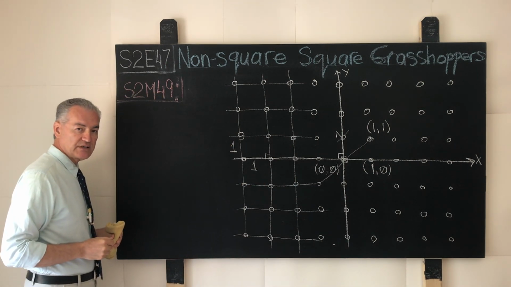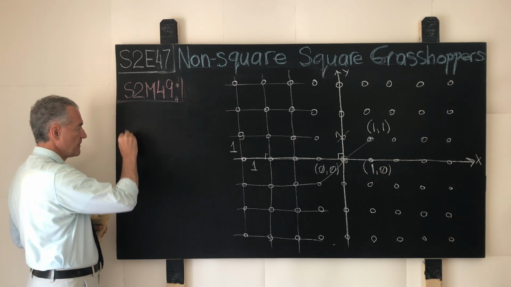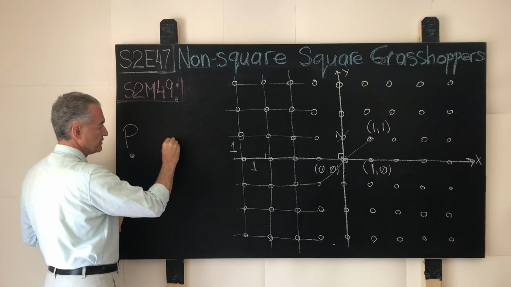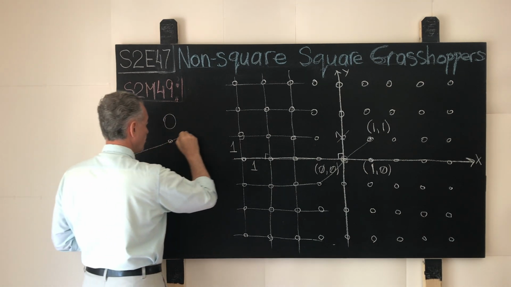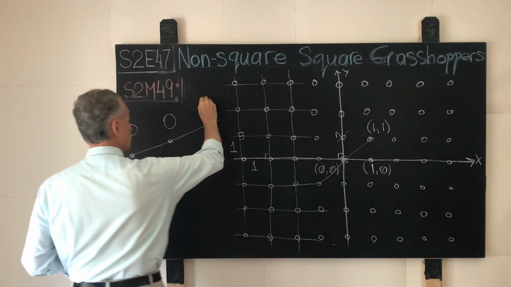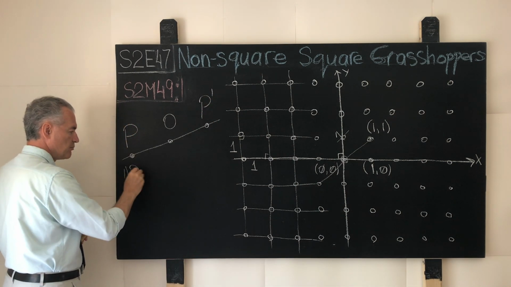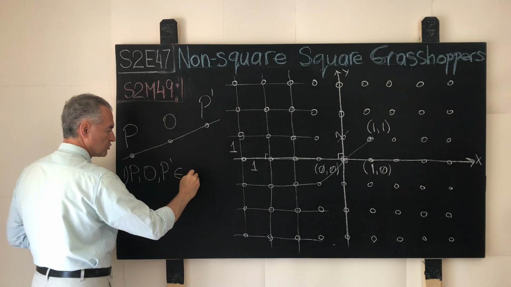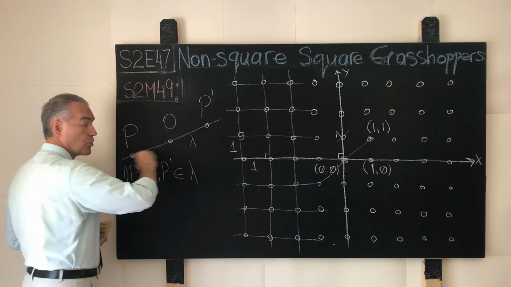central symmetry of the plane is such a transformation where any point of the plane P is taken into a point, let's say this is the center of the central symmetry O, is taken into a point P prime, such that first the points P, O, and P prime all belong to one and the same straight line, lambda, which is to say that the 3 points are collinear.